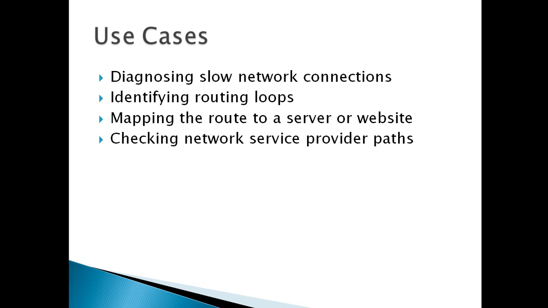That can also be identified with the traceroute. So we can trace any website or any server, and list out the hops or router devices in between from my network to that particular IP address. And also we can identify the network path which is used by the service provider.